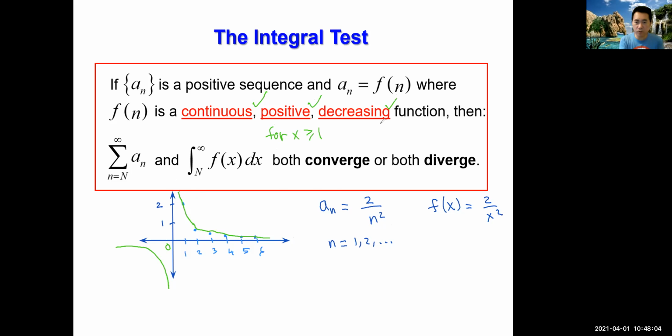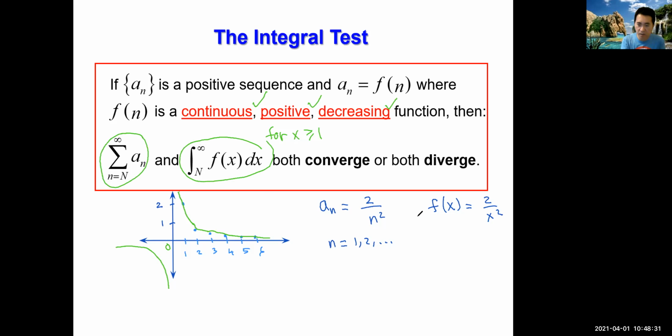So if you have these 3 conditions satisfied, then the test says the series that you want to check will converge or diverge depending on whether this integral converges or diverges. So remember from 8.8, the improper integral from n to infinity.